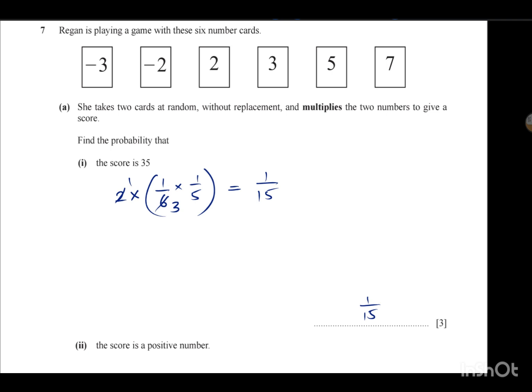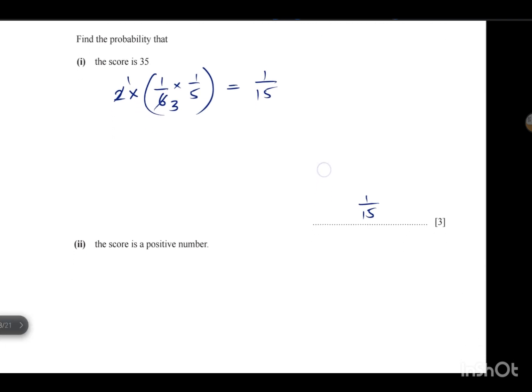When do we get a negative number? If one of the cards is positive and the other is negative: first positive and second negative, or first negative and second positive. So here again there are two possibilities.